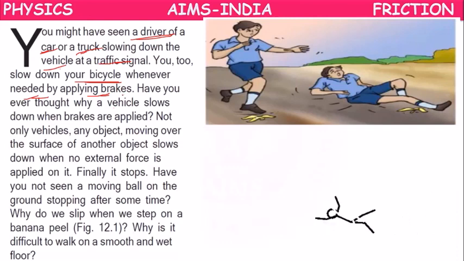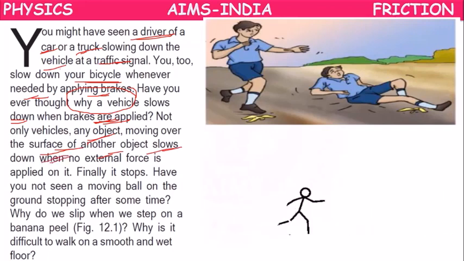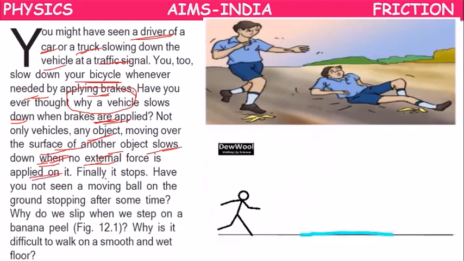So the question here is, why does a vehicle slow down when brakes are applied? Not only vehicles, any object moving on the surface of another object slows down, and finally it stops.